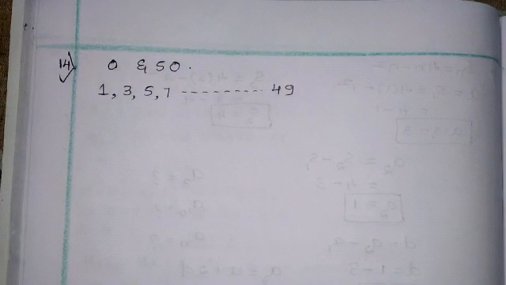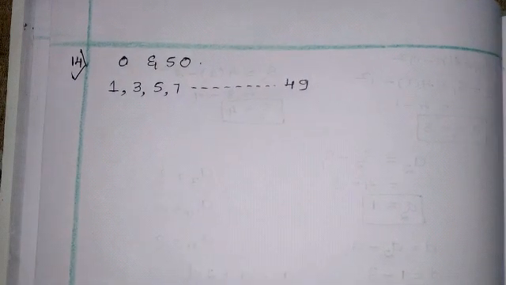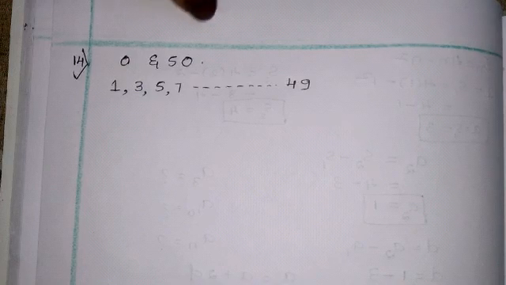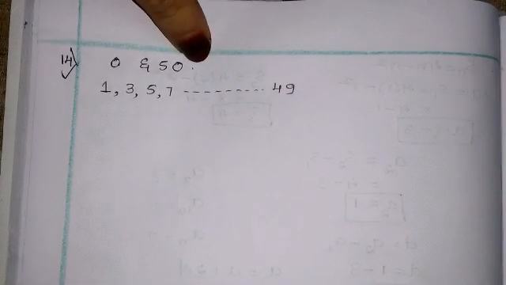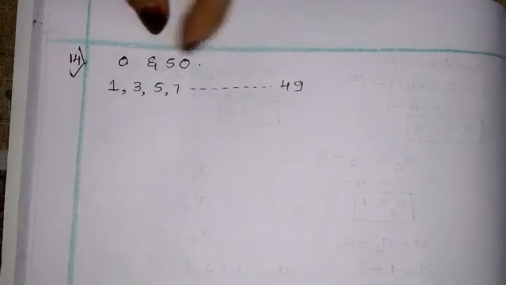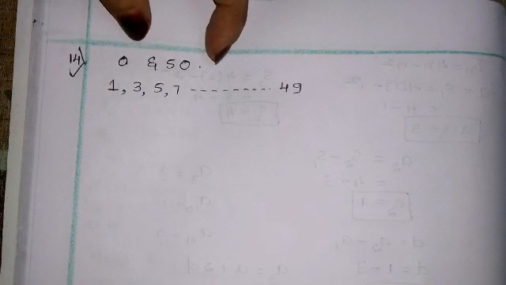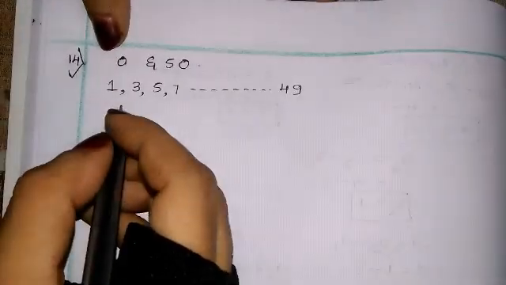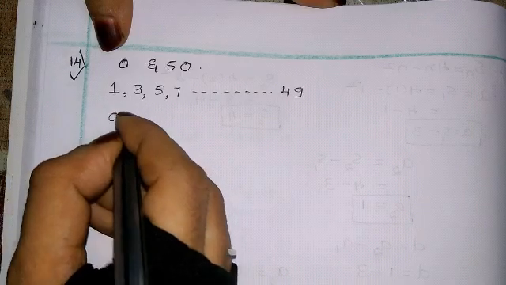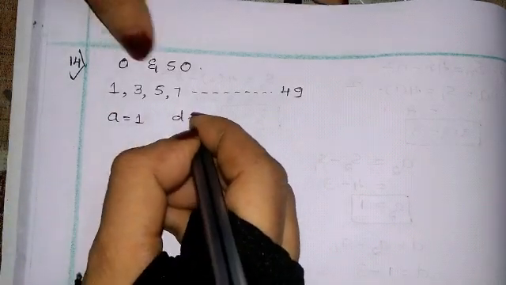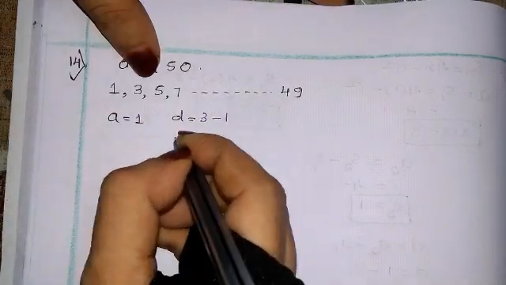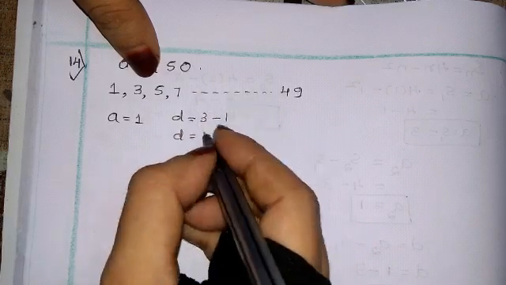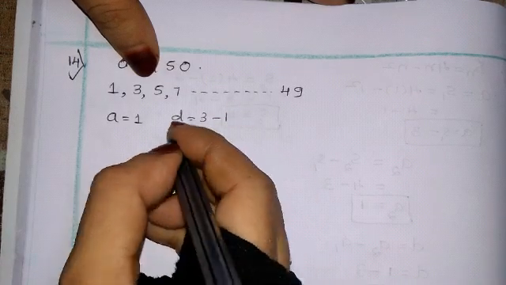Total how many numbers there are we don't know. They have told us to find the sum of all odd numbers between 0 and 50. First we should know how many odd numbers there are. a is equal to 1, d is equal to the second term minus the first term, 3 minus 1 is 2.